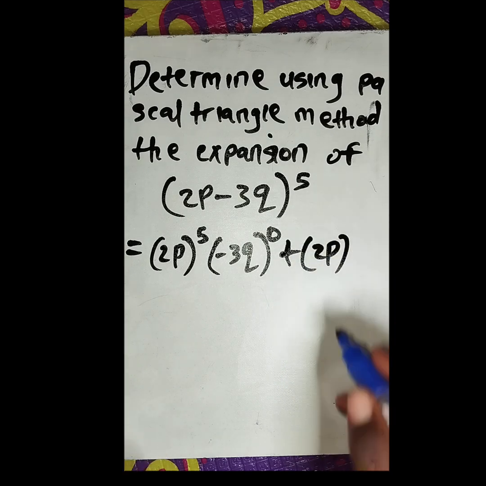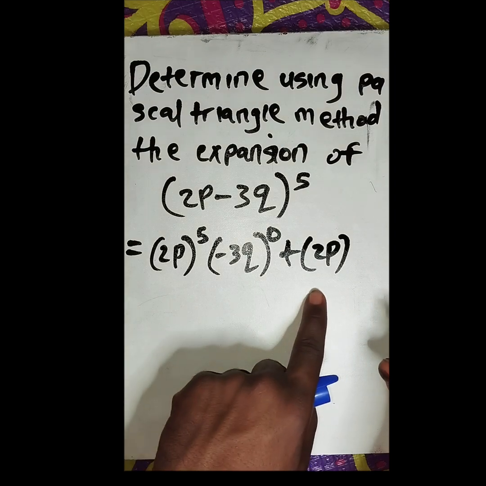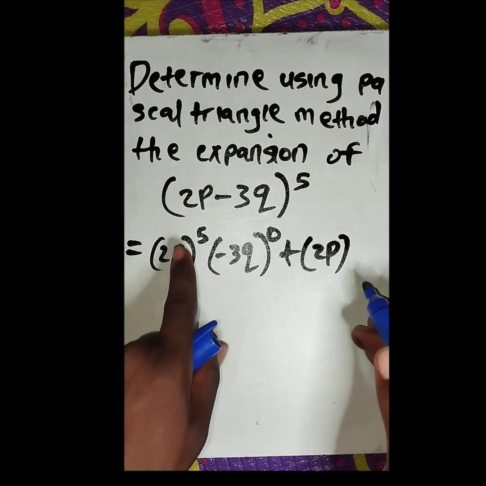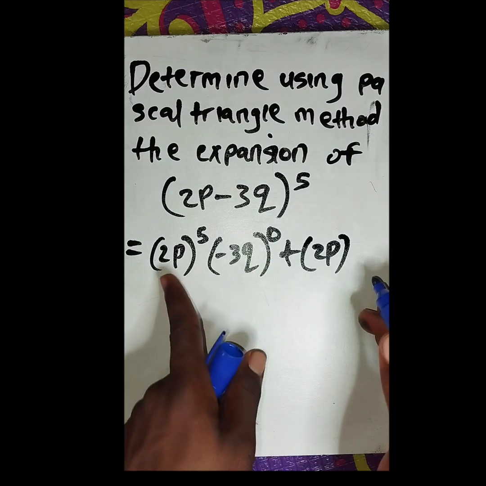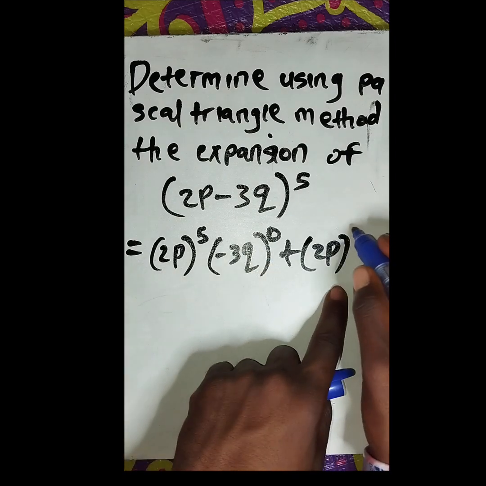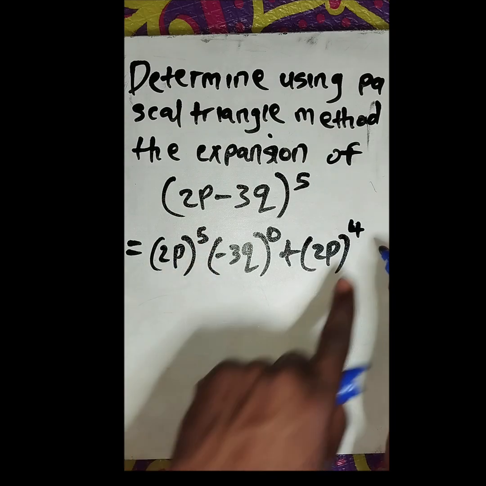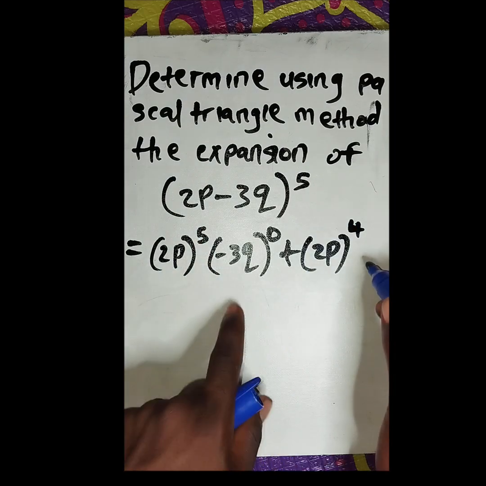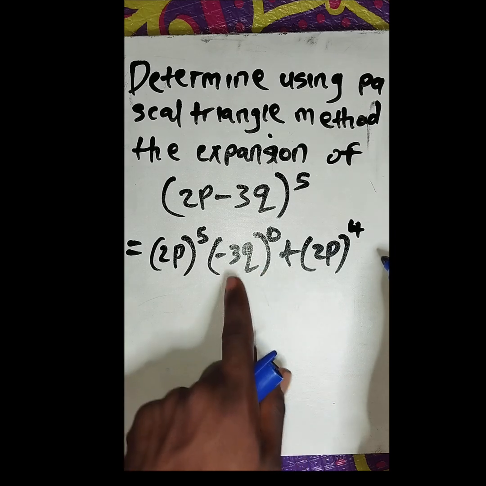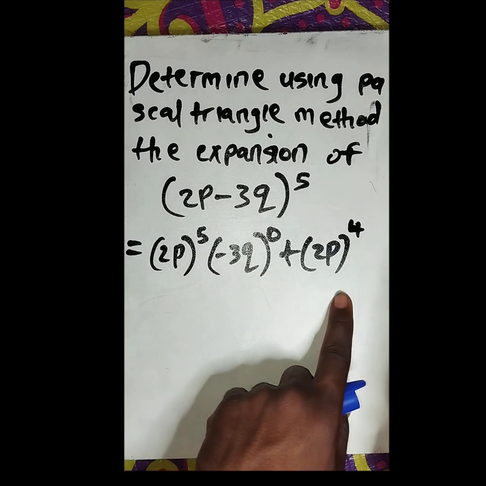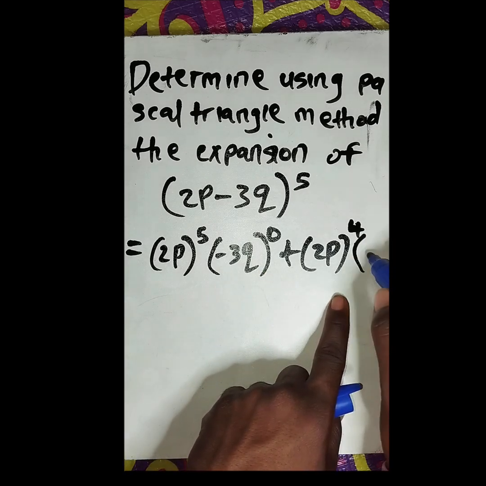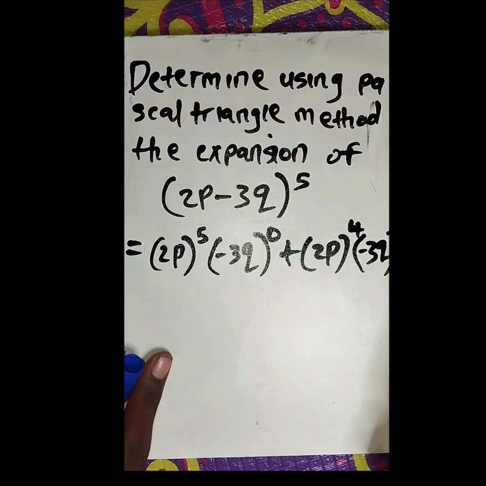Let's go again. 2p has a power of 5 here, and the power of our first term will reduce to 4. That is, you subtract 1 from 5, which gives 4. But something special will also happen to our second term: minus 3q will have a power of 1.